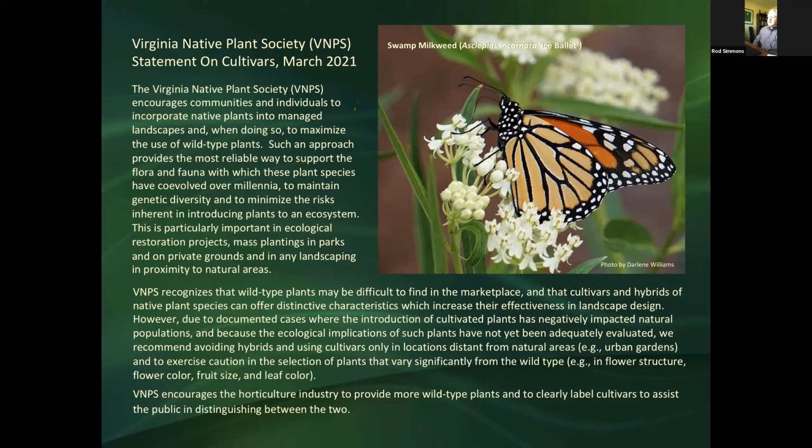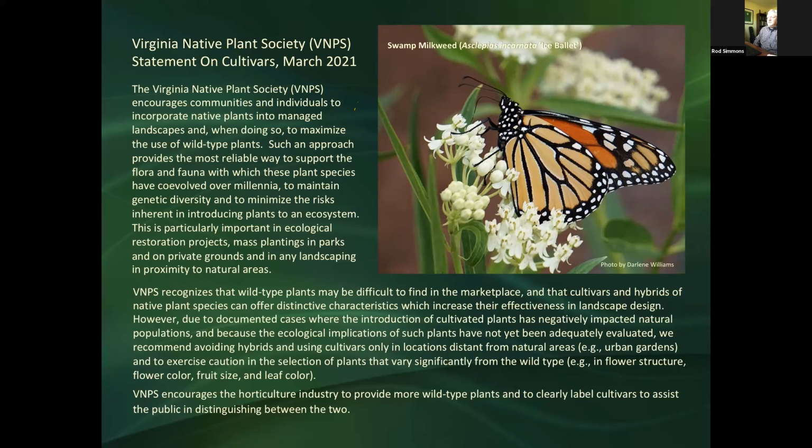Some of them have atypical characters like the Ice Ballet, and basically they're a cultivar because humans have manipulated the natural plant. It ceases to become a native plant at that point.